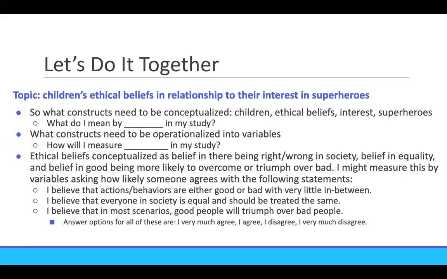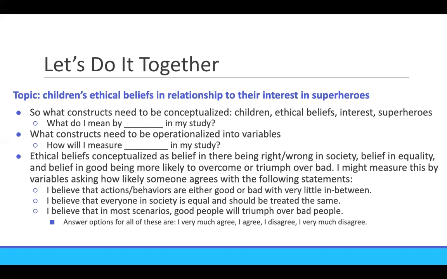And so this is where I begin that process of asking myself, what do I mean by blank in my study? So what do I mean by children in my study? Am I talking about everyone under the age of 18? Or am I talking specifically about school-age children? Am I talking specifically about elementary school-age children, right?